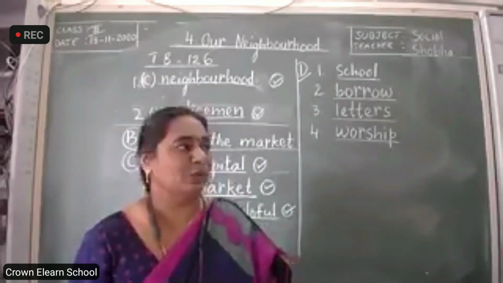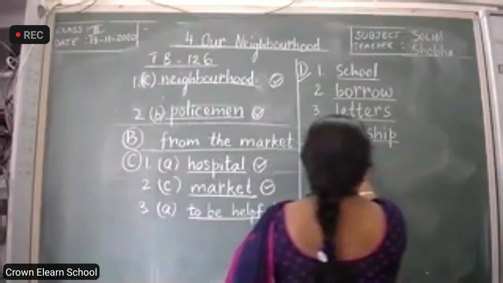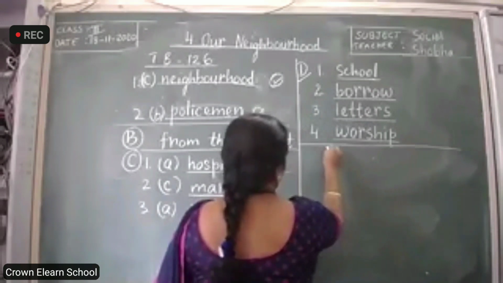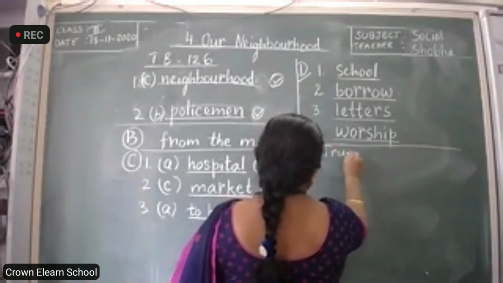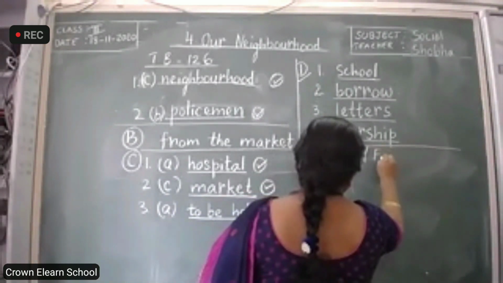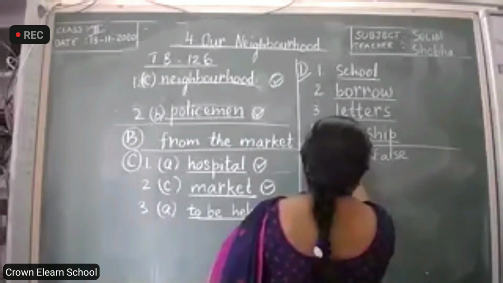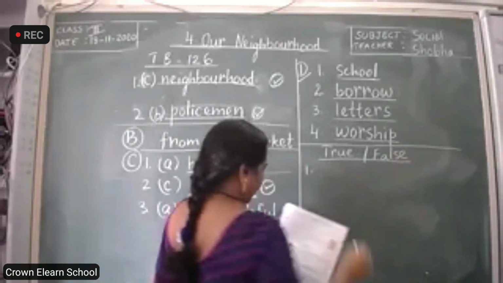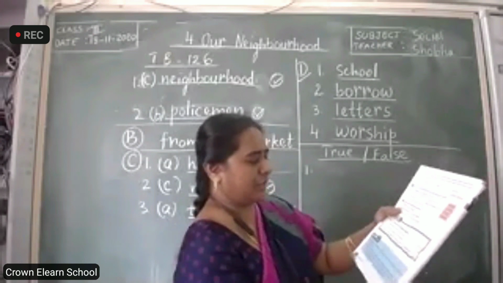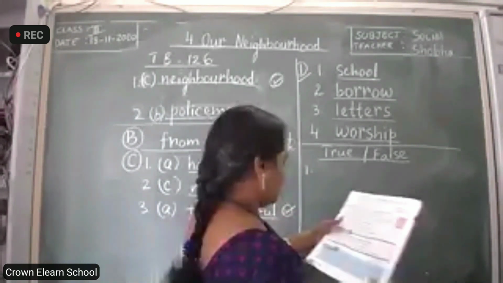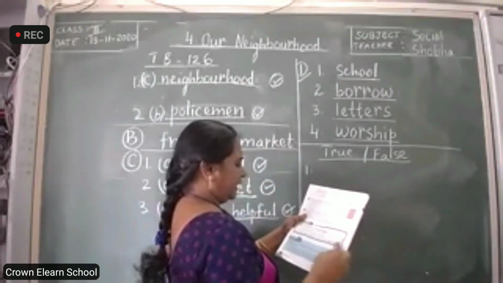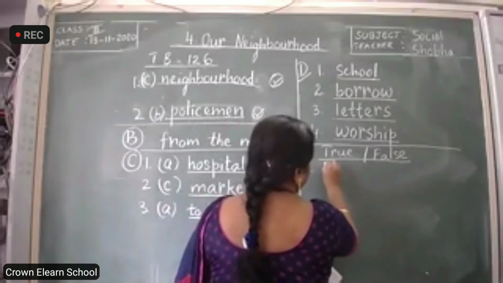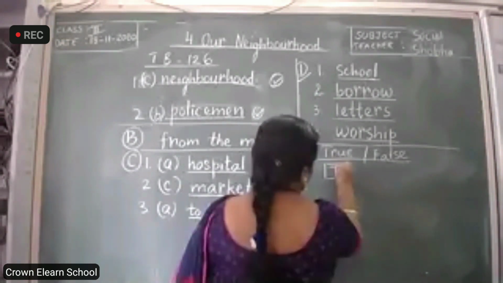Very good. True or false, children? So the first sentence: true. We must help each other in times of need. A small box is there. Right. T, true.